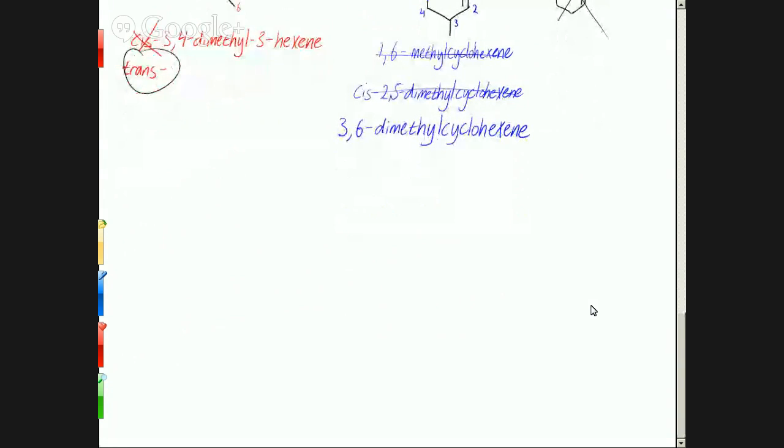Let's look at one place where you see this. Well, I guess we have to look at one more term. We've mentioned this before, but let's really define it. Saturated versus unsaturated hydrocarbons.